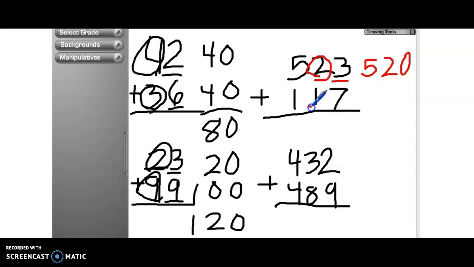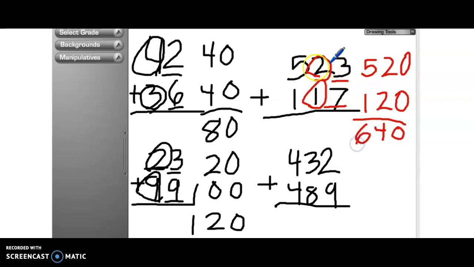So 117, I'm going to circle the tens place, underline the ones place. 7 is more than 5. So I'm going to turn that to a 0. And then I know that the 1 now needs to turn into a 2. Now I can add. 0 plus 0 is 0. 2 plus 2 is 4. 5 plus 1 is 6.